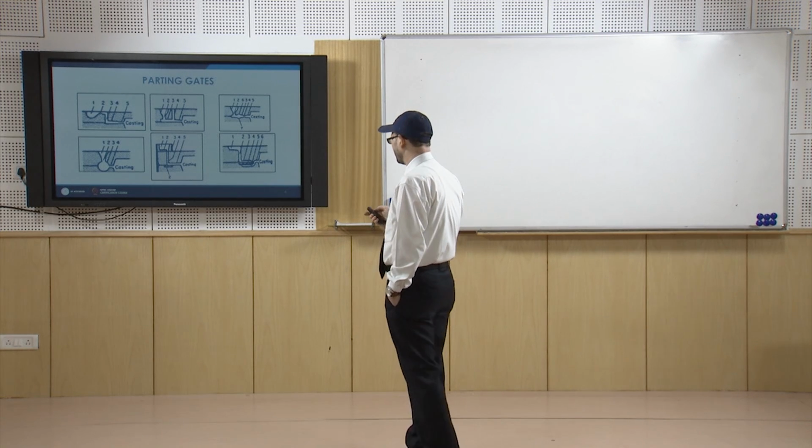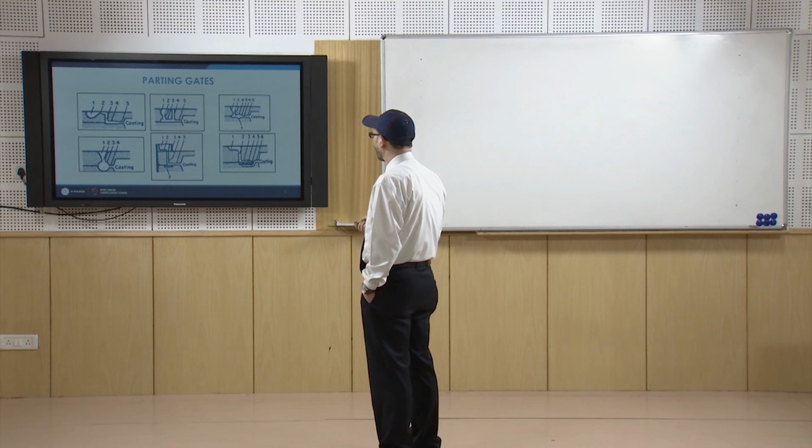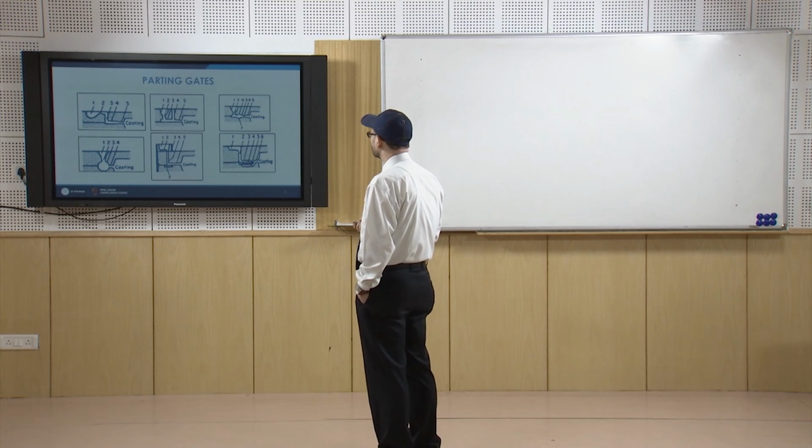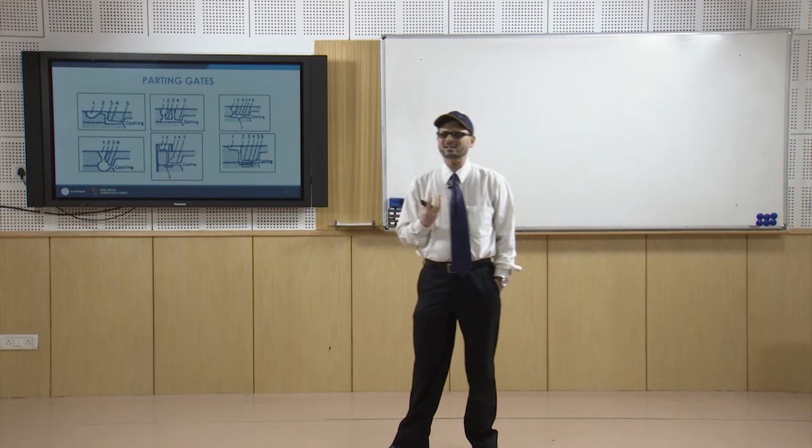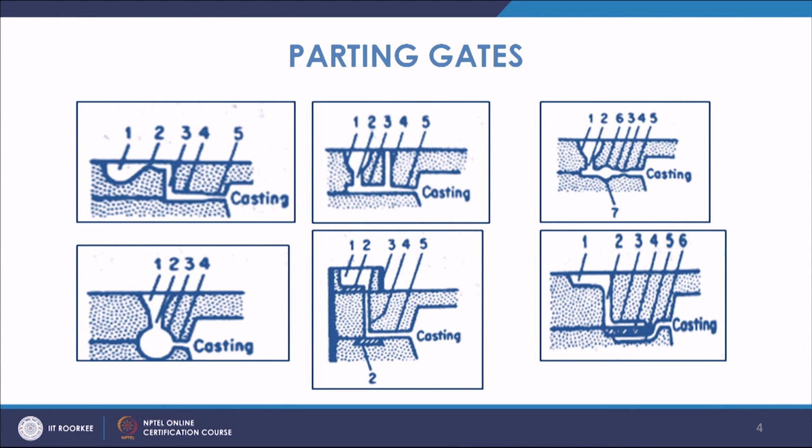You can come here, and this is known as the shrink bob. So, in this case we are using the shrink bob. The shrink bob basically serves a dual purpose. First of all, it collects the impurities and can retain them, heavier impurities can be placed here, and the second purpose is that it will supply liquid metal in case of shrinkage.